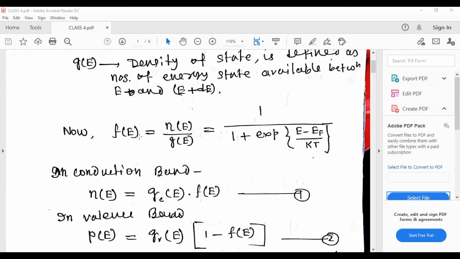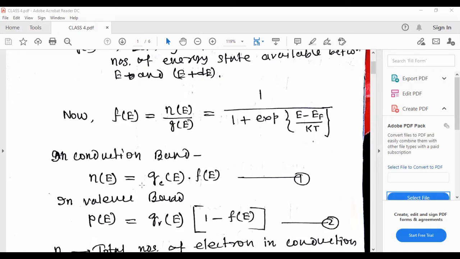So can we write f of E is equal to N upon G? That means this is also equal to the Fermi-Dirac distribution function value. So N of E is equal to Gc of E times f of E. This is equation number 1. Why have I written Gc of E here? This is the equation for the conduction band.